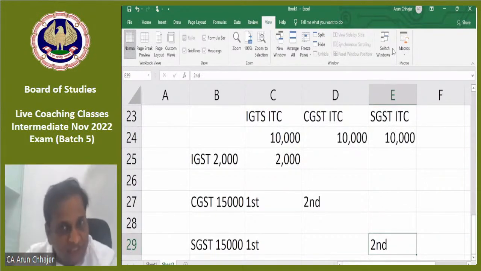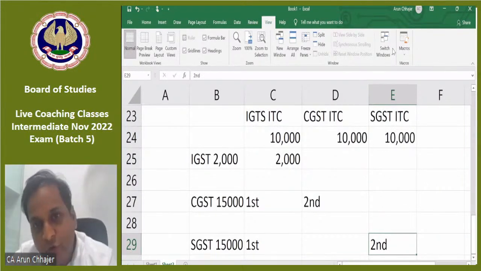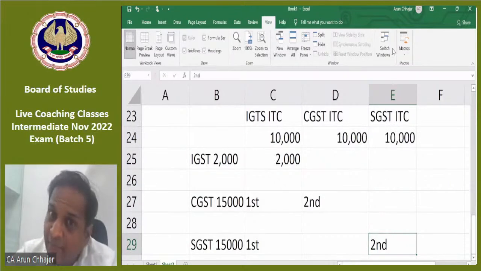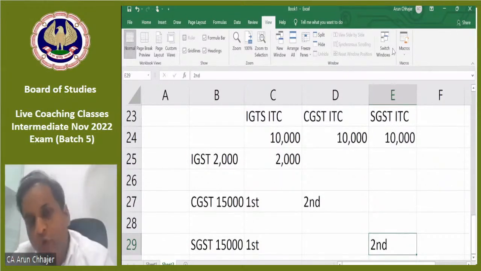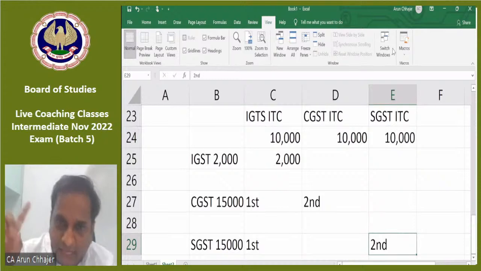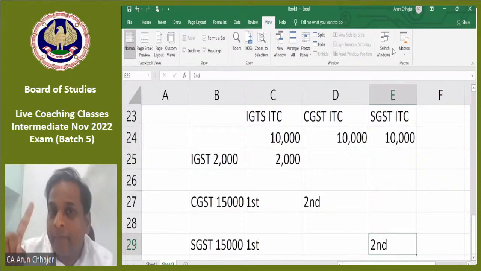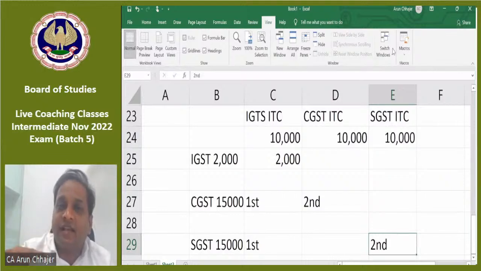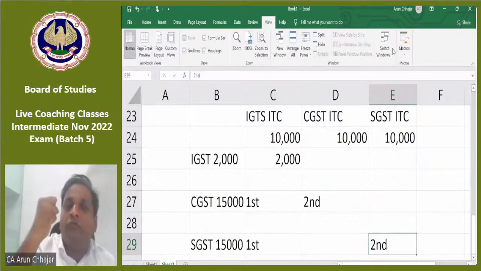So first they will take from IGST, then they will go to CGST. Similarly, if SGST needs some amount, they will take first from IGST, then go to SGST. Please remember the point we are discussing: how the CGST tax liability and SGST tax liability will take the amount from others.